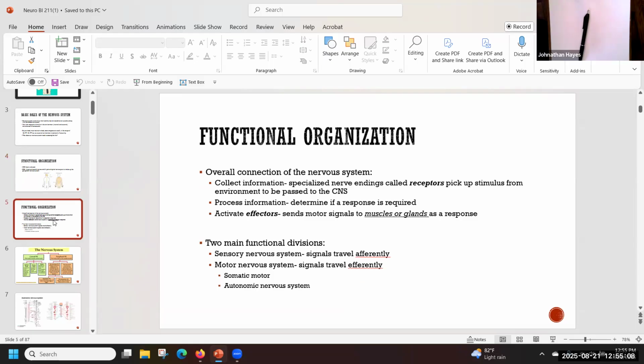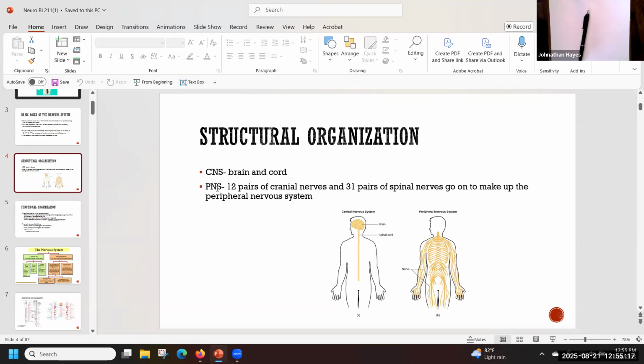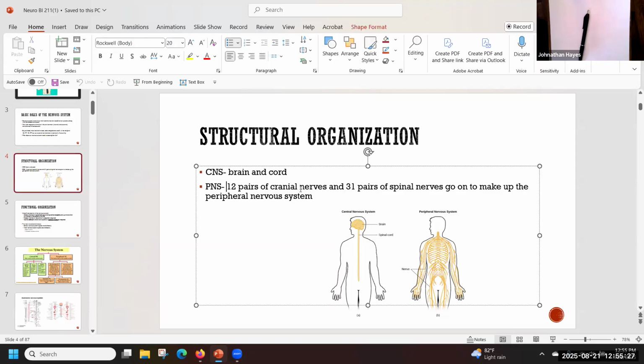So the structural organization of the nervous system is you take the core processing units like the brain and the cord, and then you connect it to the rest of the body. That's where things like CNS and PNS come from. Again, the PNS, if you remember, includes 12 pairs of cranial nerves. We'll review those in the next section, perhaps.